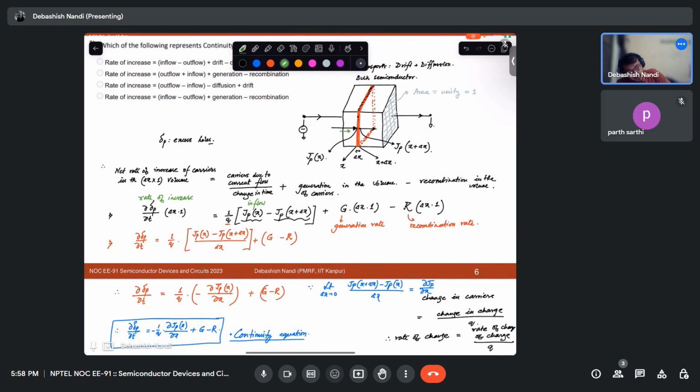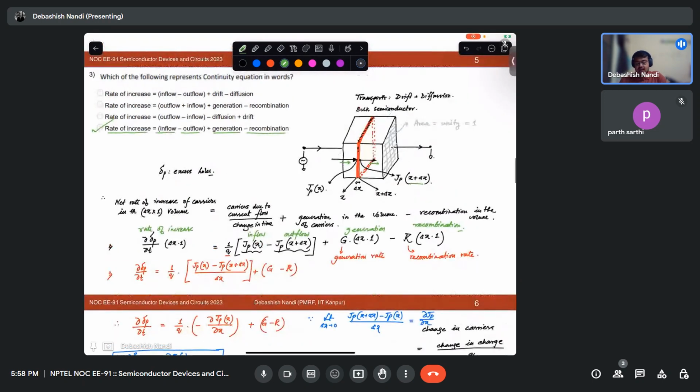In, out is this, outflow. This is generation. This is recombination. So which option does tell us that? Rate of increase, inflow, outflow, generation minus recombination. So this will be your right answer.